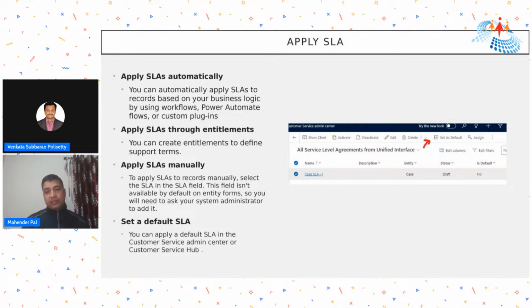Yes, there are other conditions on the SLA, and it will check whether those conditions are fulfilled or not. But automatically this SLA will be applied to your set of records. Okay, so that's the way of applying SLA.